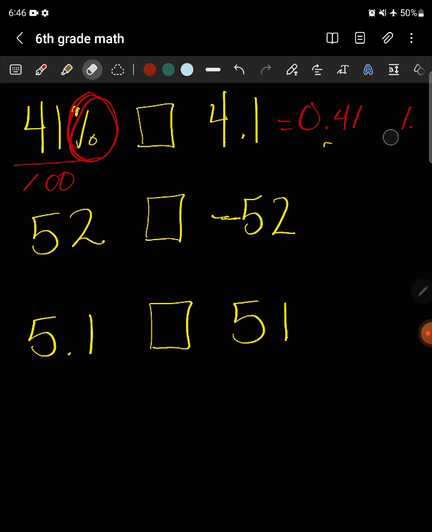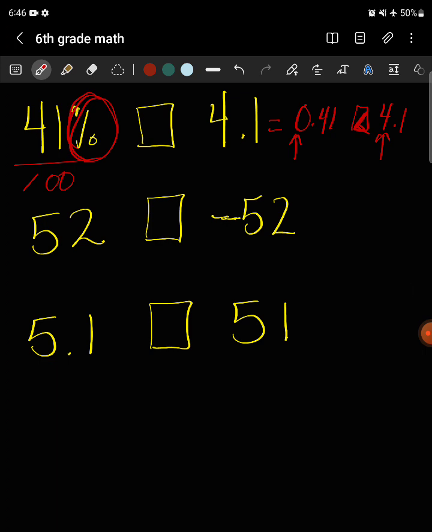Let me create a little bit more space over here. All right, so I'm comparing 41 hundredths to 4 1/10. Now I look at my whole number. My whole number right here is at a 0. My whole number right here is at a 4. 4 is larger than 0, so I know that 41 hundredths is less than 4 1/10.